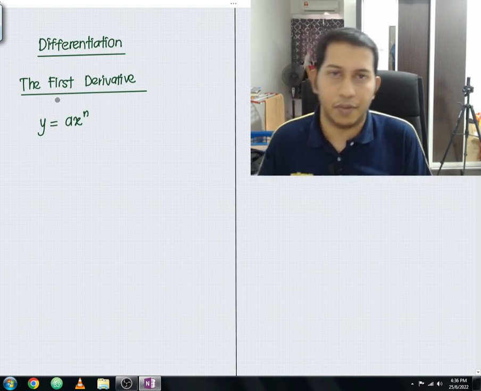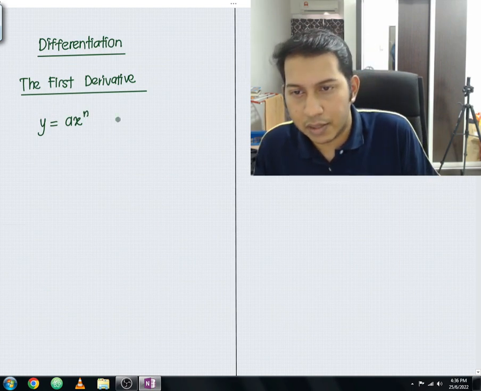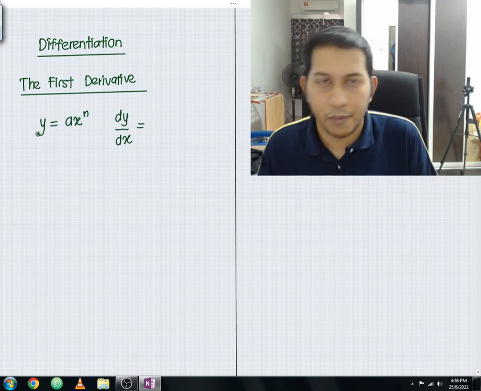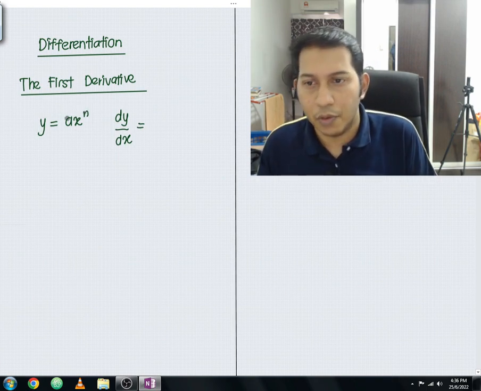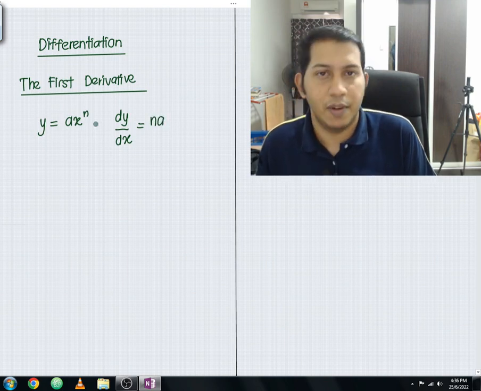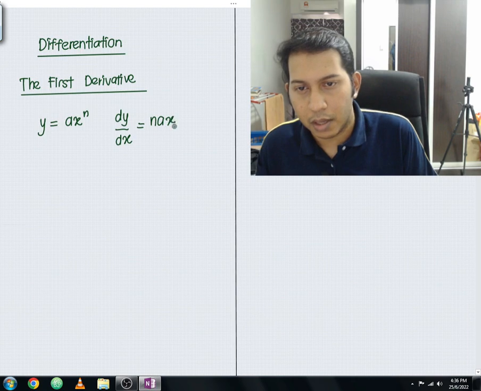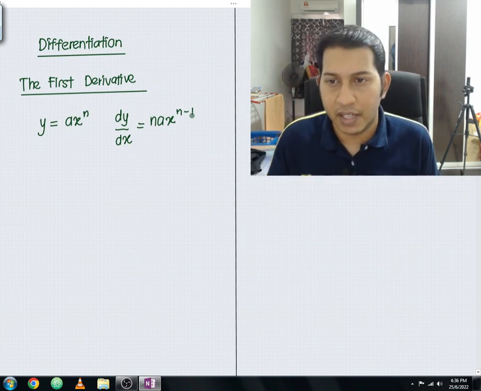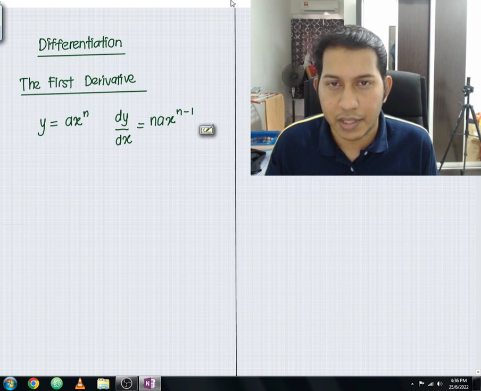When you differentiate this based on the first derivative, dy over dx, the n you will times with a, so you get n a, the x remains the same, and the power n will be minus 1. Okay, so this is one of the basic techniques of differentiation, guys, based on the first derivative. So let me box this.